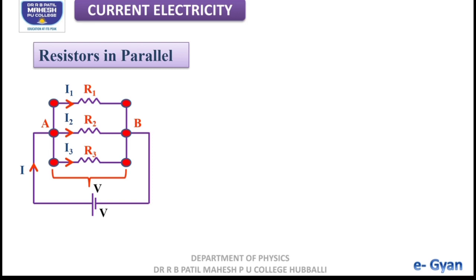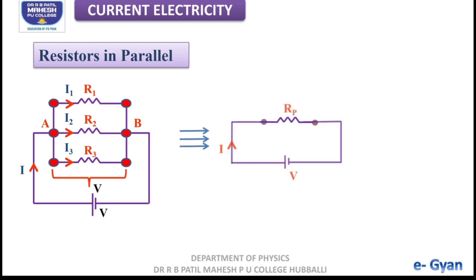Now if this combination is replaced by a single resistor, then that resistor is connected to the same battery of voltage V, and this resistor is represented by a resistance Rp, which gives the same effect as that of the combination of the resistors.